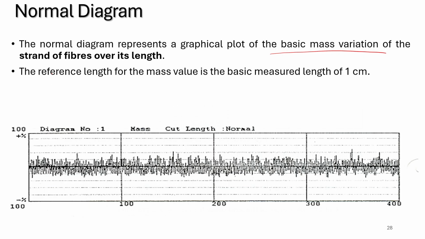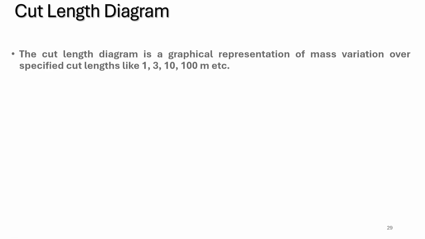The reference length for the mass value is 1 centimeter, and then there is the cut length diagram. So, what is that? We can use the cut length diagram like 1 centimeter, 3 centimeter, 10 centimeter, 100 meter, these are called cut length diagrams.